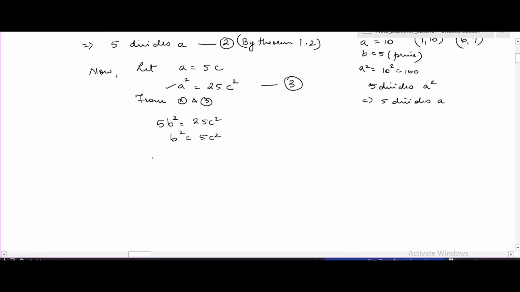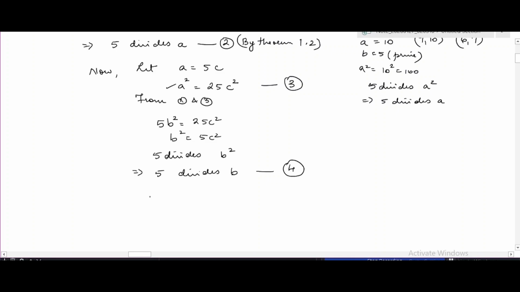So from this we can say that 5 divides b squared, and therefore 5 divides b. This is the 4th point.